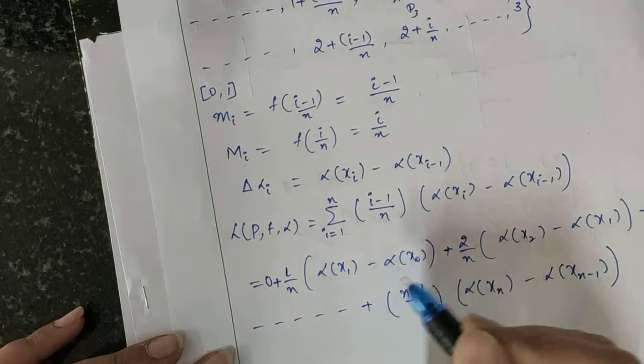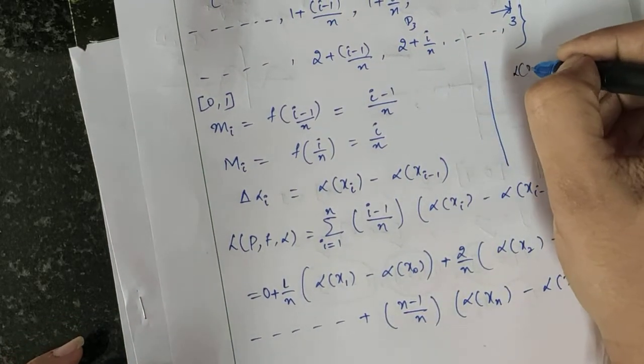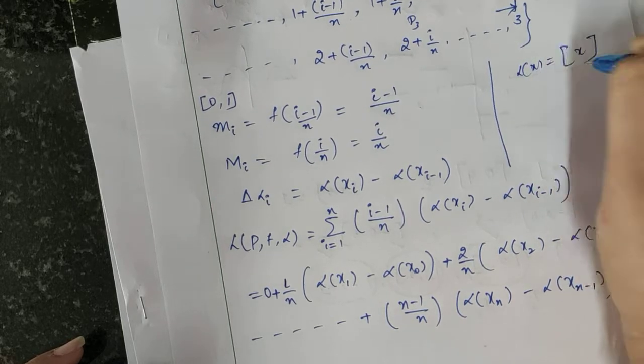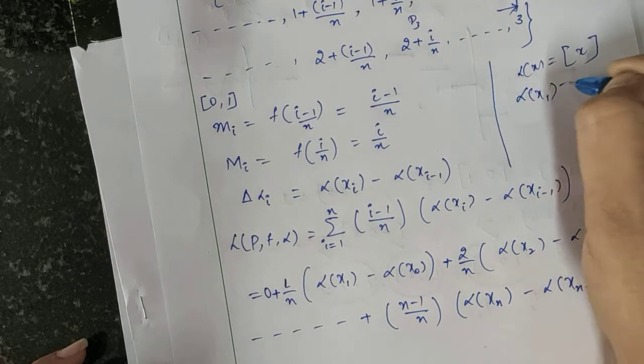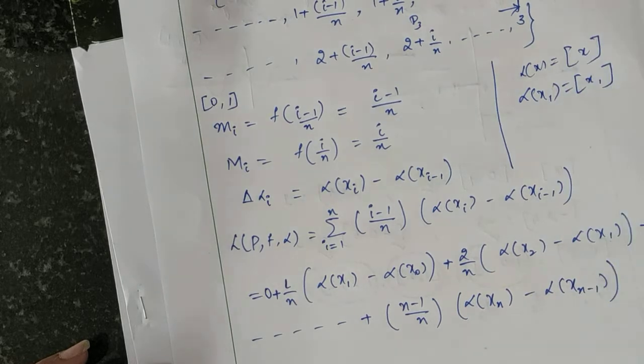So what is alpha of x1? If alpha of x is equal to x, then alpha of x1 will be x1, right?